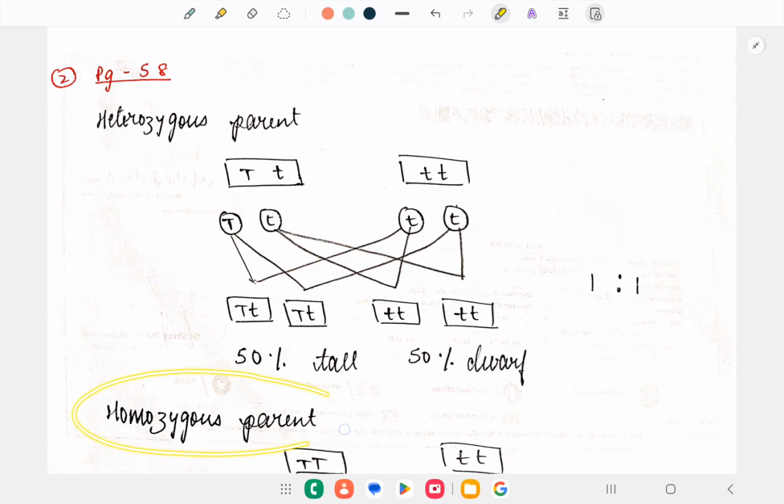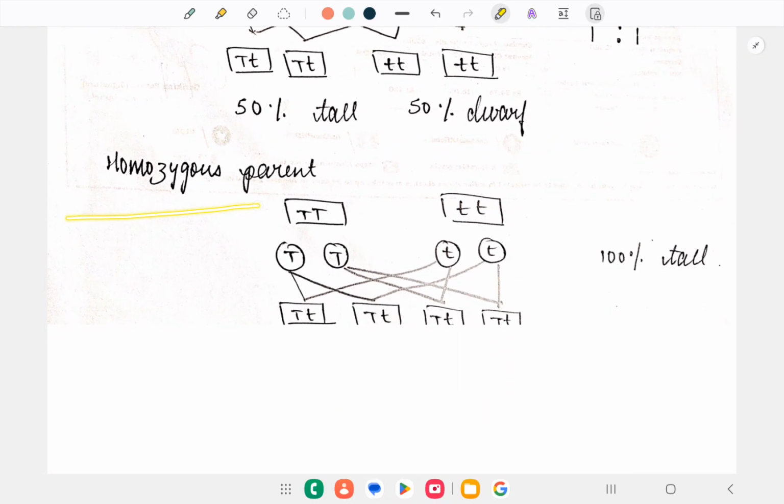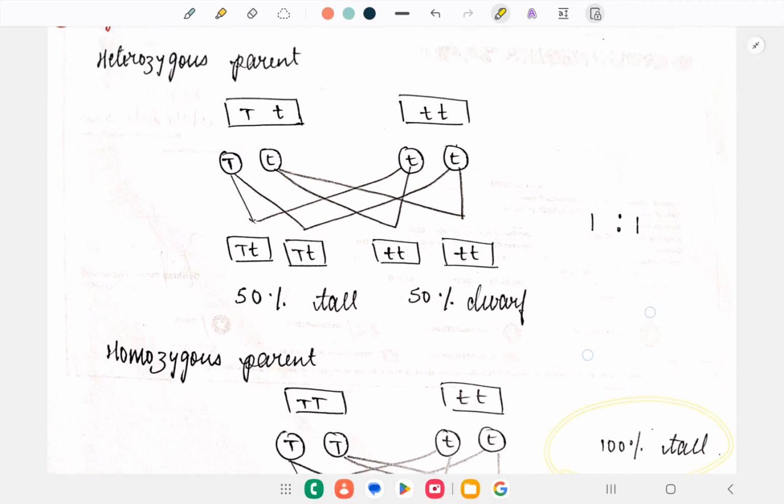And if we cross a homozygous dominant parent with a homozygous dwarf parent, in the first cross, we will be able to get 50% tall and 50% dwarf. So the ratio will be 1 is to 1. But in the second cross, we will obtain 100% tall, and therefore we can identify which is the heterozygous parent and which is the homozygous parent.